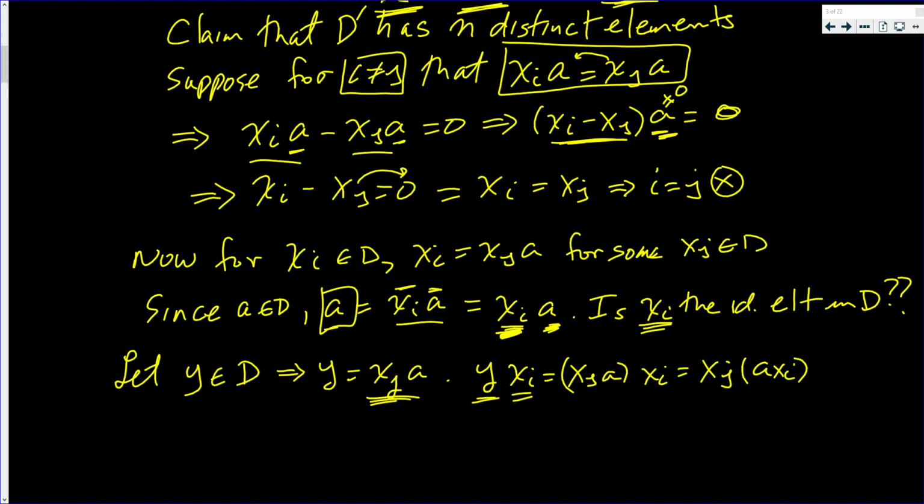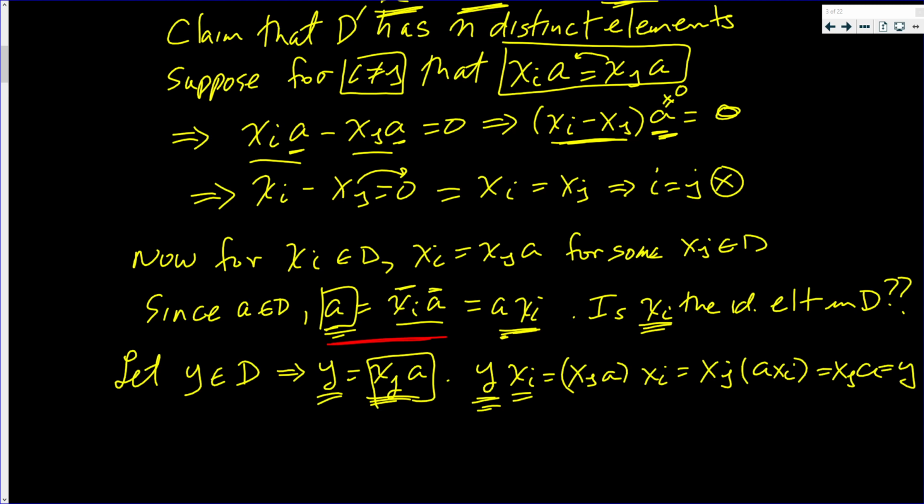But axi, I'm sure you all caught that, when I went to use the commutative law, I didn't commute. axi is a. So this is xj times a. Look at this, xj times a is y.